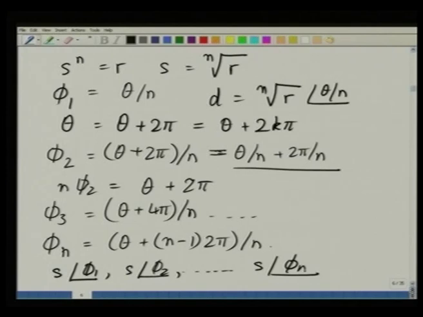So, there are n nth roots of the complex number C. In general, most of these would be complex, but there could be certain specific instances where the choice of n or the choice of C could yield more than one real root.